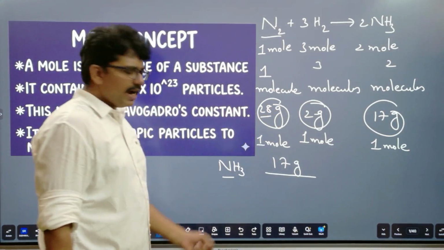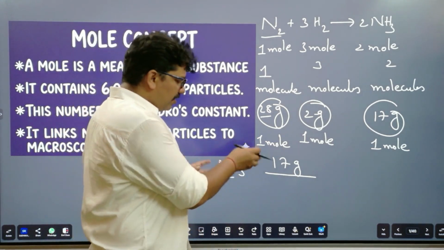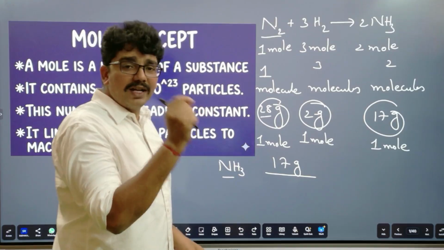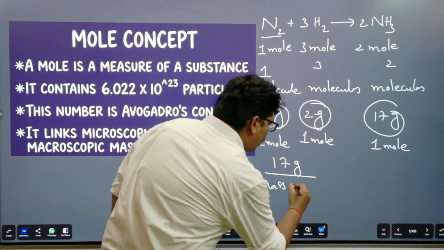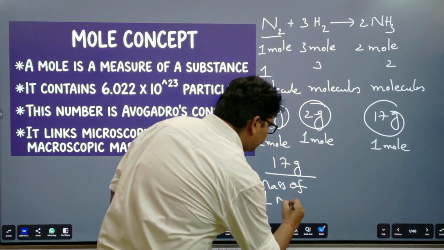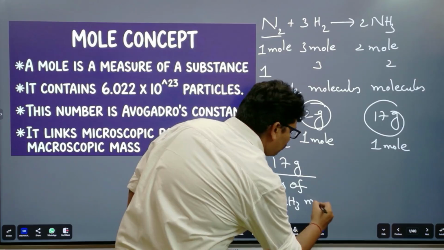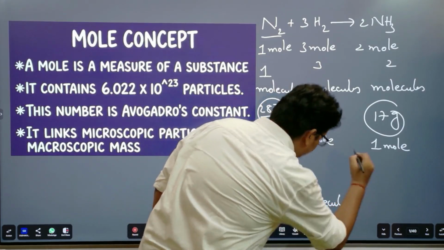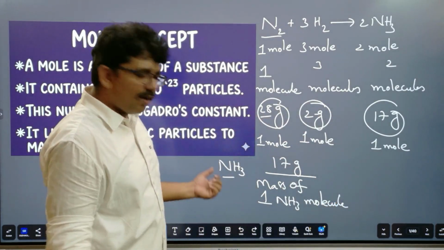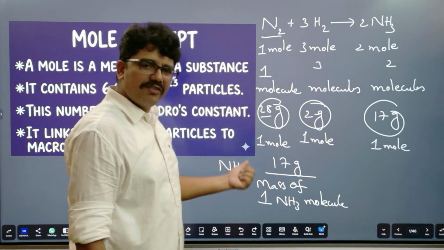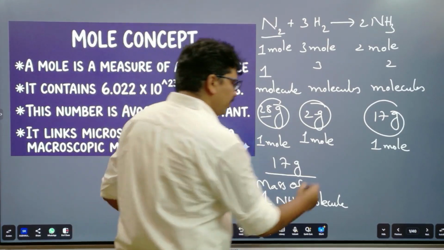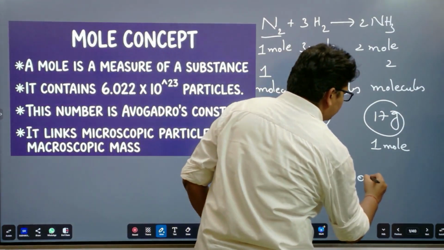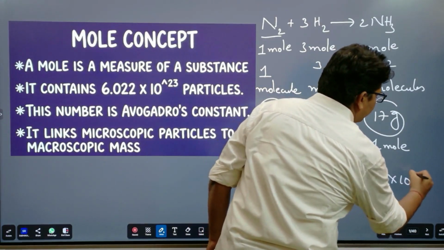Divide this 17 grams, the molecular weight of ammonia, by the mass of one ammonia molecule. You will get 6.022 into 10 power 23.